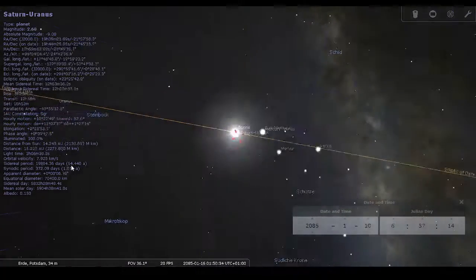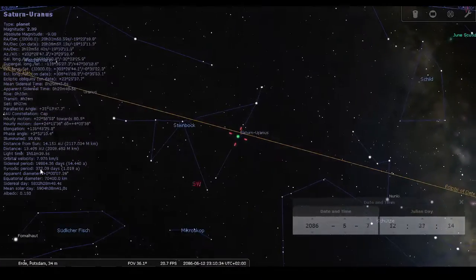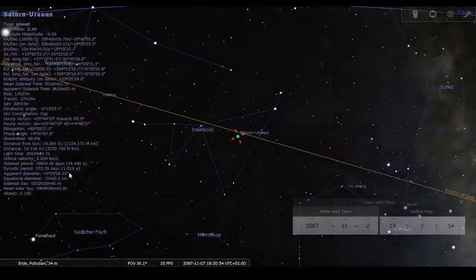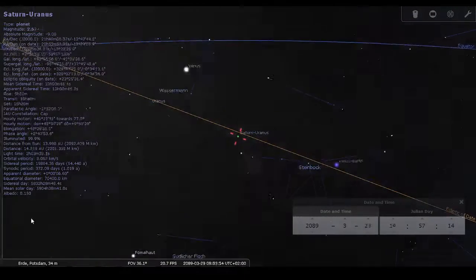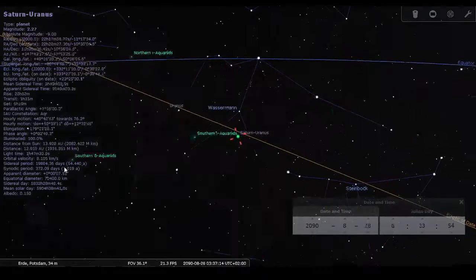The sidereal period is given as 54.4 years, and the synodic period is getting closer to 1 year. If you're going further away from the Sun, this period will approach 1 year in the limit from the upper bound.